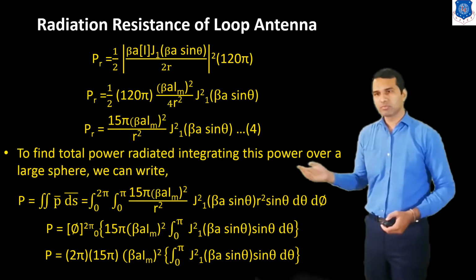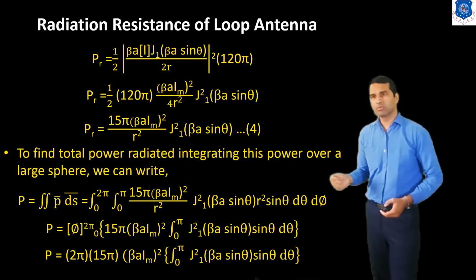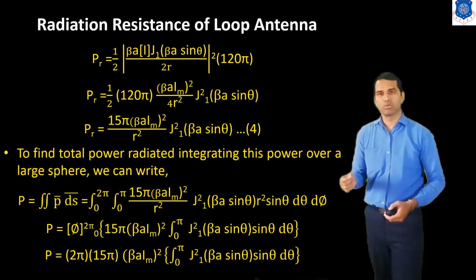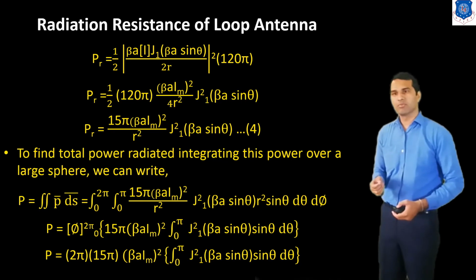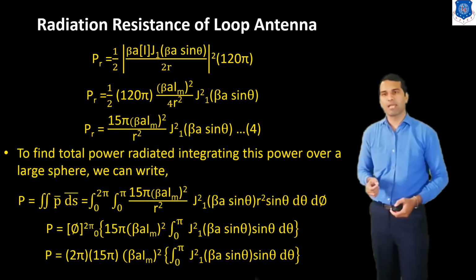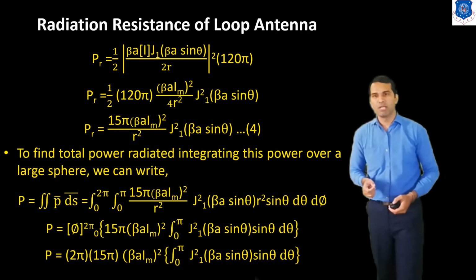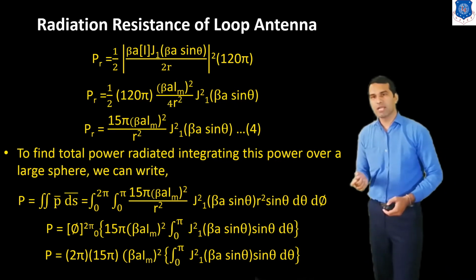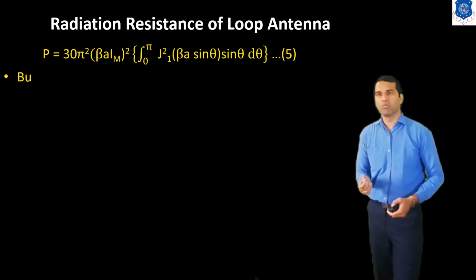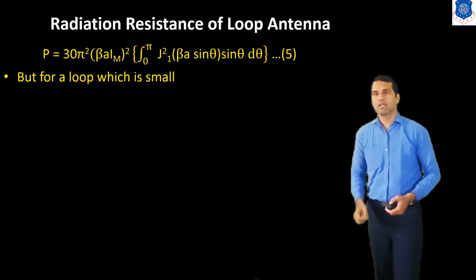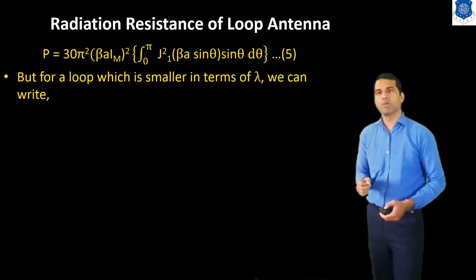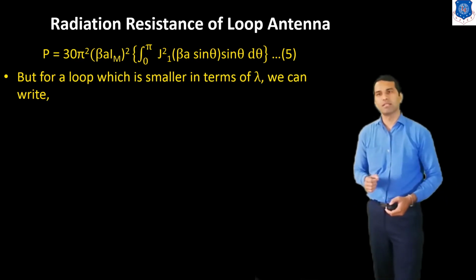When we put in the limits, 2 pi minus 0, we get 2 pi into 15 pi beta A Im square and J1 beta A sin theta into sin theta into d theta. Here sin theta is multiplied by sin theta, so we can write this equation as 30 pi square beta A Im square, integral from 0 to pi, J1 beta A sin theta into sin theta d theta.